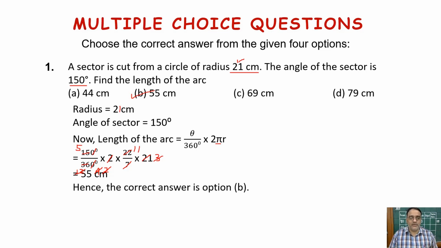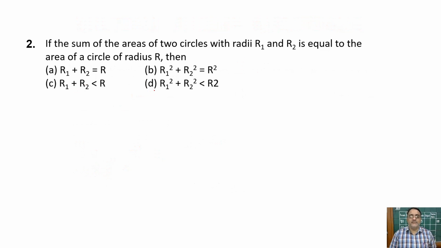Now we are moving toward question number 2. If the sum of the areas of two circles with radii r1 and r2 is equal to the area of the circle of radius r, then we have to select the correct option. What is given? Area of the circle is equal to area of one circle plus area of second circle.